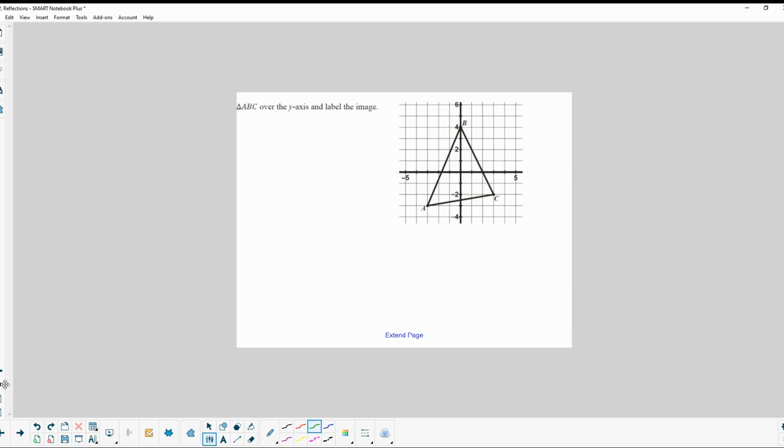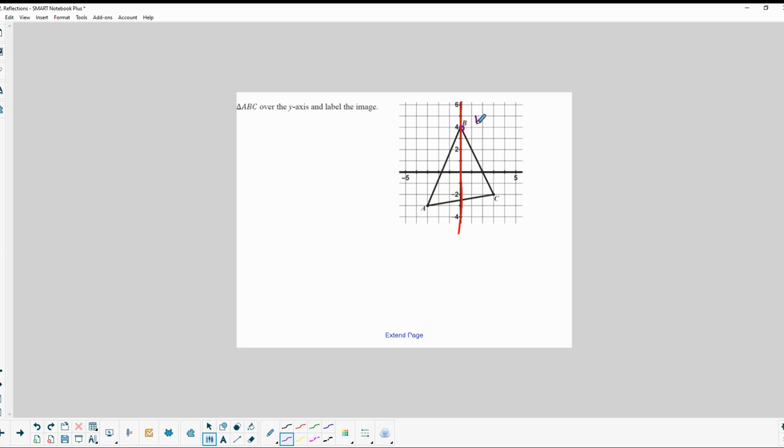All right, so triangle ABC, we're going to reflect it over the y-axis and label the image. So if we reflect it over the y-axis, keep in mind the y-axis is this axis right here. Okay, so the first point, B, is right on the y-axis, so it's going to stay there.